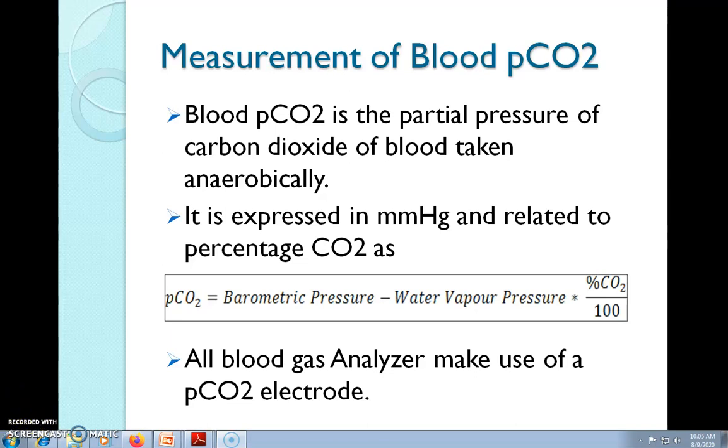At 750 millimeter barometric pressure, 5.7% CO2 corresponds to a PCO2 of 40 millimeter of mercury. All modern blood gas analyzers make use of a PCO2 electrode of the type described by Stow et al. in the year 1957.